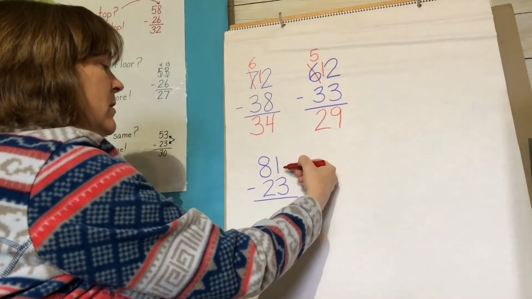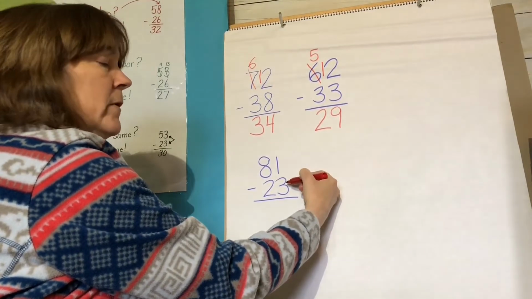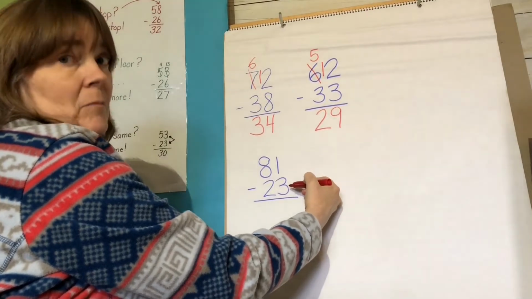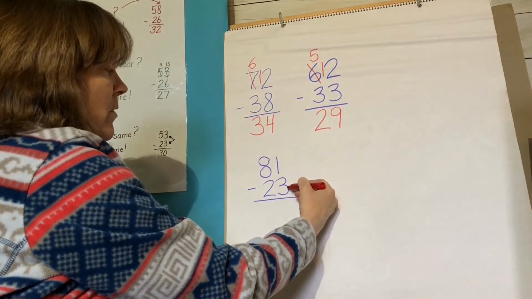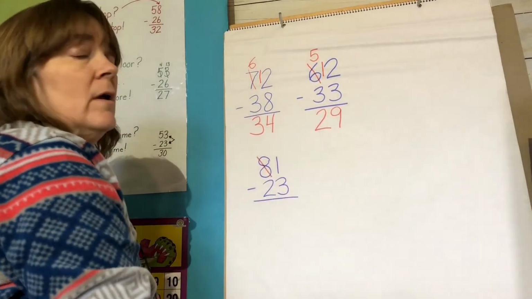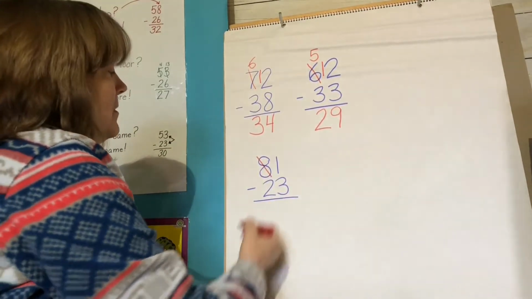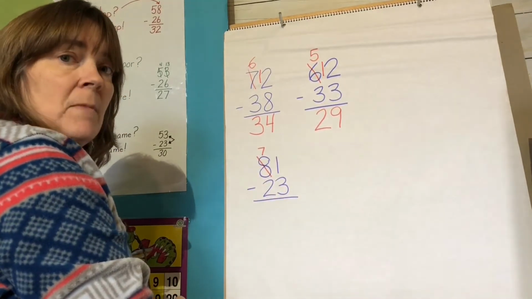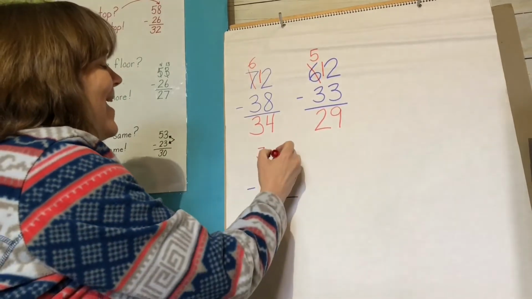And I'm going to look at these two numbers in the ones, and I'm going to ask myself, is there more on the top or more on the floor? Once again, we have more on the floor, so we go next door and get 10 more. The 8 becomes a 7, and he gives 1 to the 1, and it makes it a big old 11.